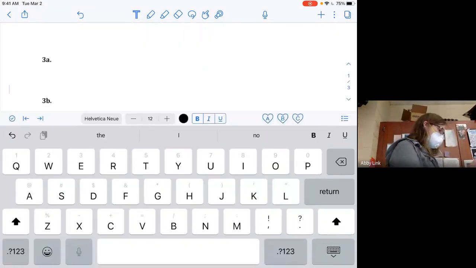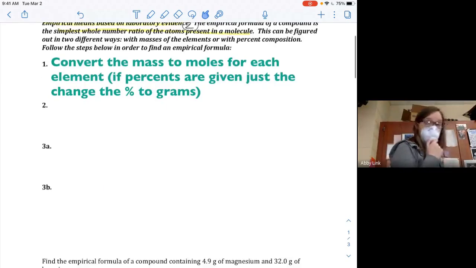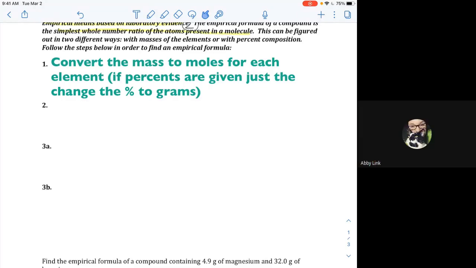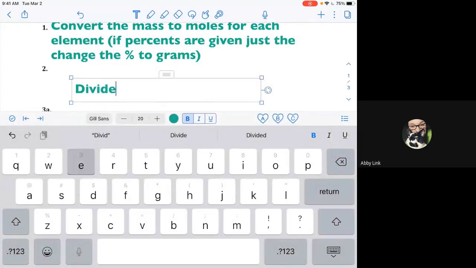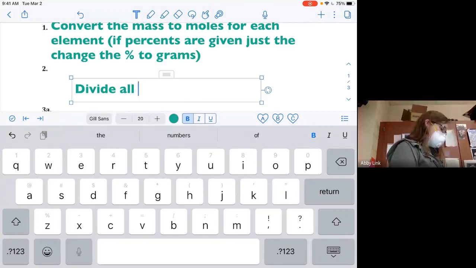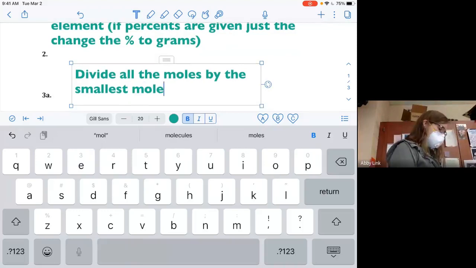Okay, so our first step really is what we've been learning for the past about a week now, okay? Converting mass to moles. Right. Already I'm trying to think what conversion factor would I be using here? I would be using molar mass. All right, let's talk about step number 2. Step number 2 is divide all the moles by the smallest mole amount.